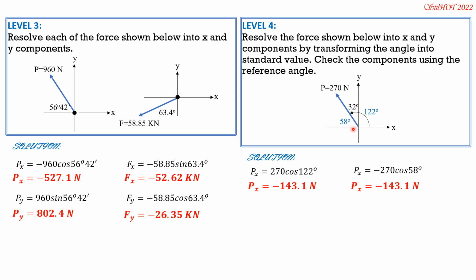Py is upward, so it is 270 sine of 58. 270 sine of 122 for the standard angle. So Py is 229.0 newtons. For the reference angle, it is expected positive, so positive 270 sine of 58. The reference angle is 58 degrees. So Py is also 229.0 newtons.